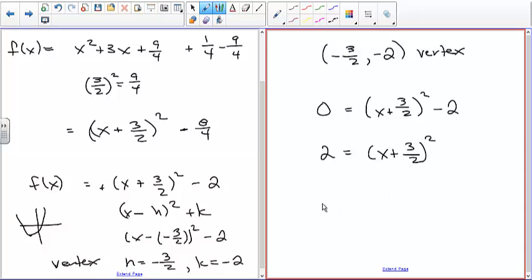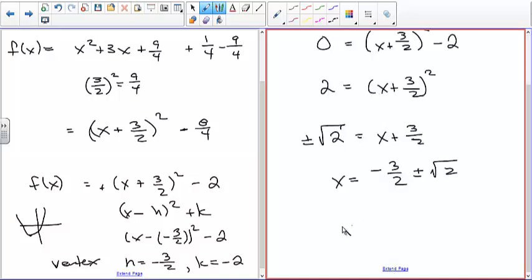Take the square root, so you get plus or minus the square root of 2 is equal to x plus 3/2. If you solve for x, you'll get negative 3/2 plus or minus the square root of 2. What I've done is moved this to the other side, and it becomes negative.